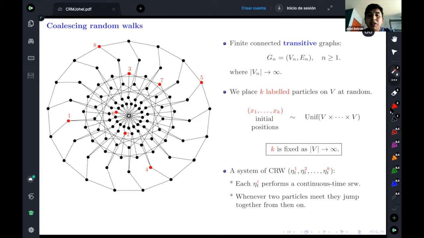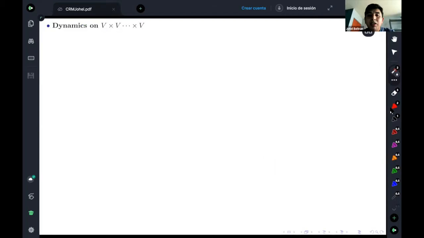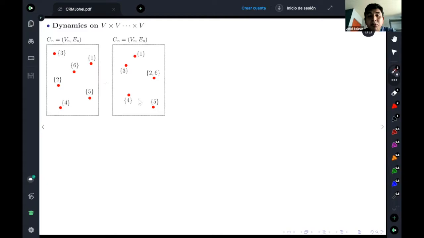The state space of these dynamics is, of course, the product of k copies of the set of vertices. For example, suppose that this is my graph. Here we have these 6 particles, labeled as I explained before. After some time, the particles move, and in this example, particle 2 and particle 6 have coalesced. From this moment on, they will go together.